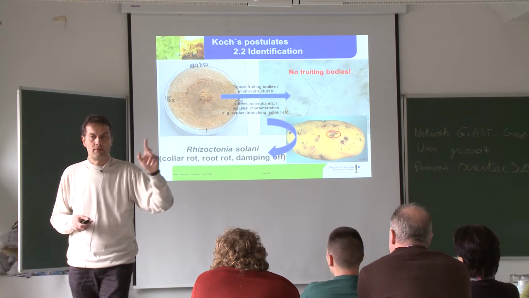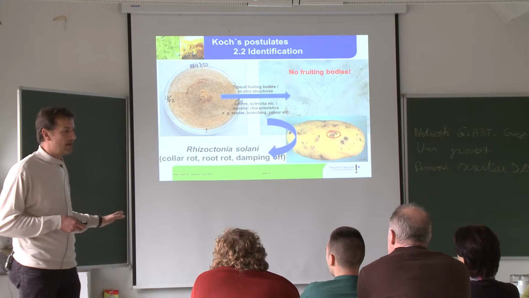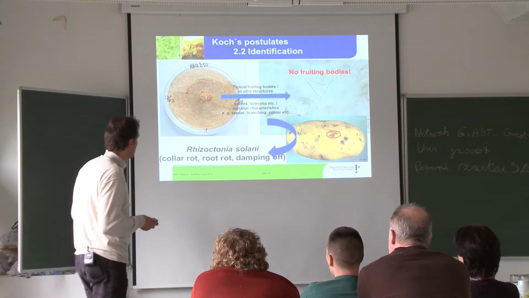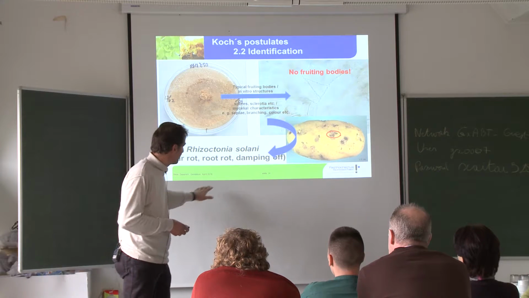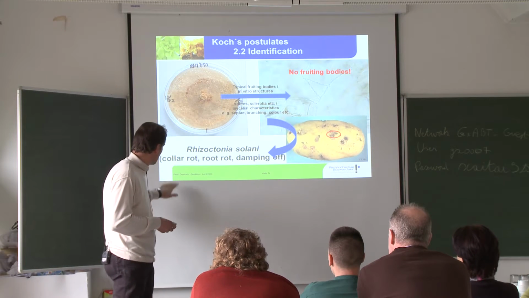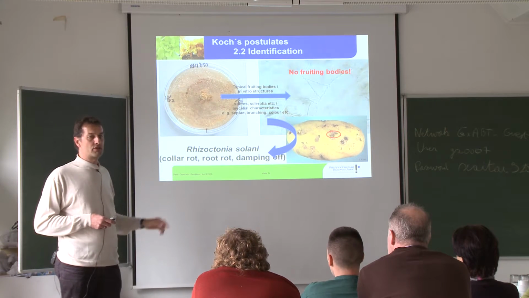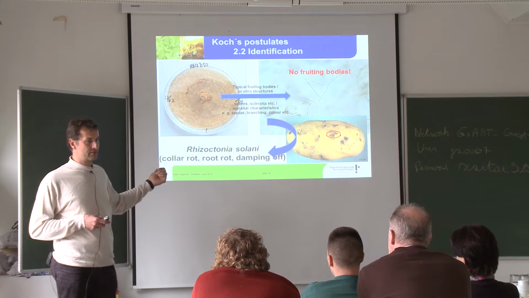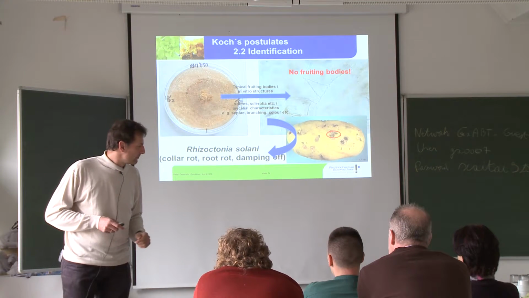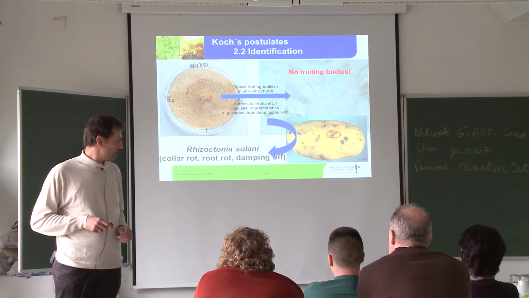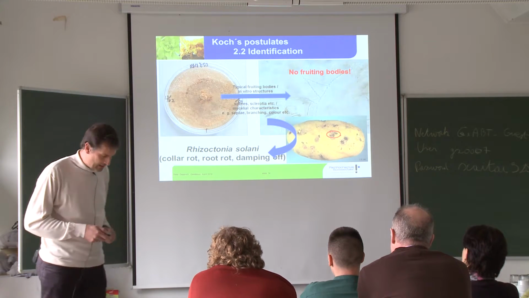In Hungary, in Slovakia, in Germany, in Denmark, everywhere. But if we're talking in Hungary about damping off and in Denmark about collar rot, does everybody know that that is the same pathogen? Okay, so far for this.